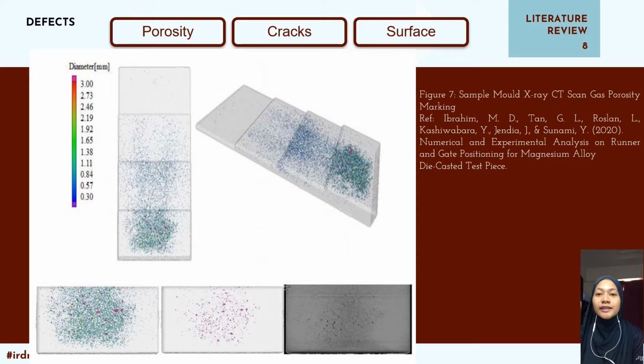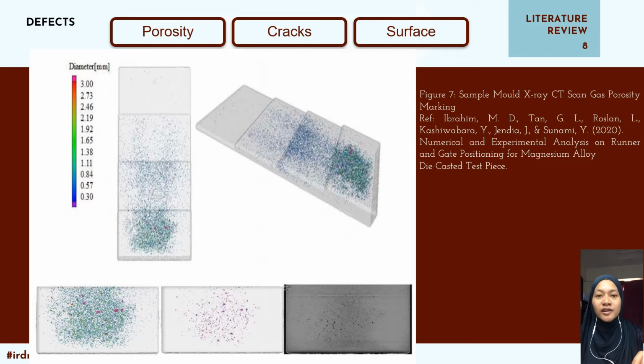Ibrahim et al. in 2020 illustrated the X-ray CT scan gas porosity marking for the conventional test piece product. From the figure, the purple dots indicate the occurrence of air entrapment in the die cast product. The X-ray CT scan result close-up illustrates that most of the air entrapment is focused on the test piece part with a thickness of 16 mm.